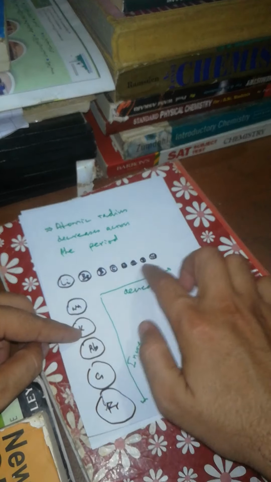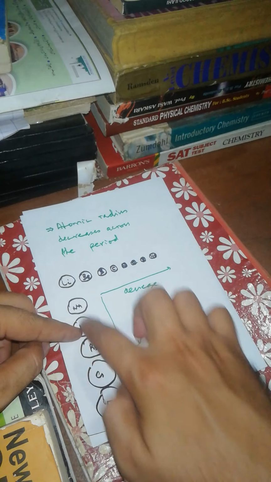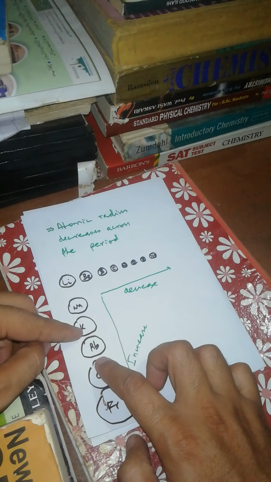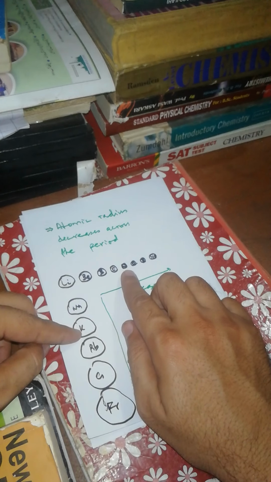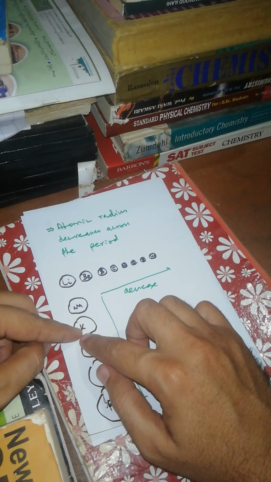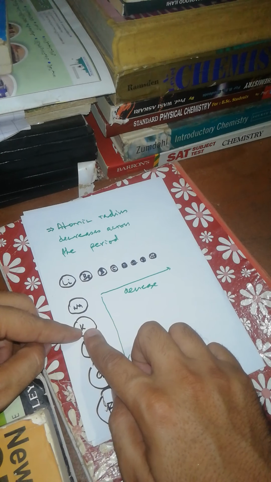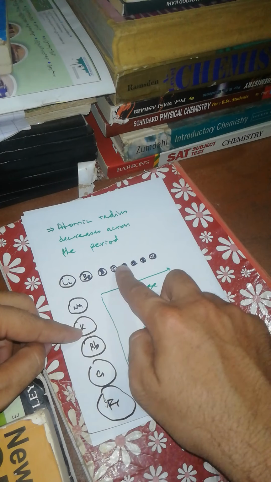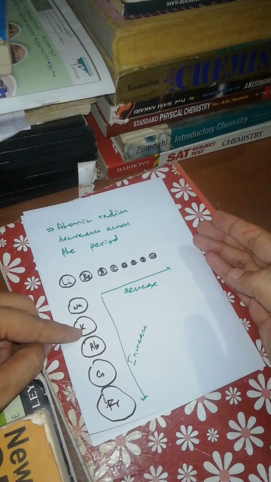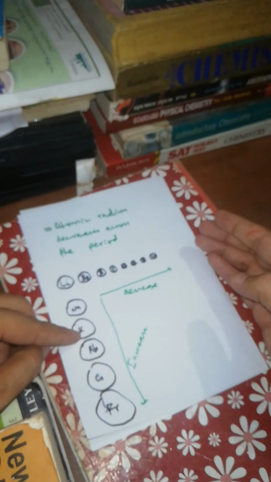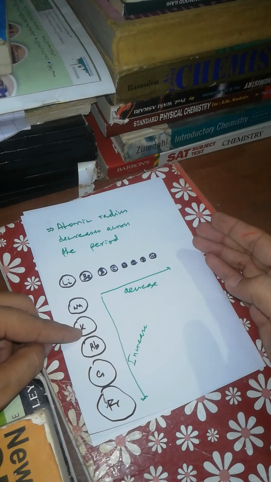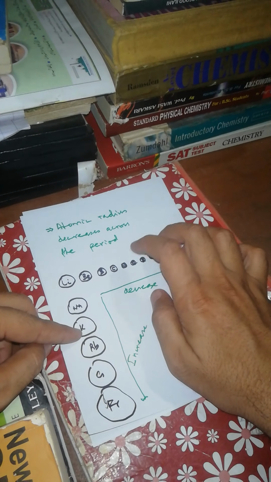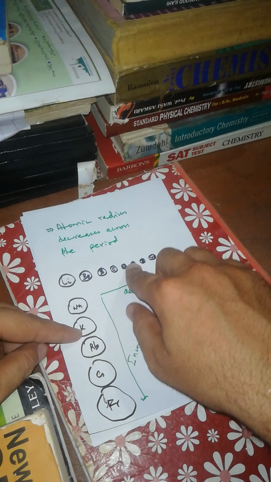So if we know about this trend, we'll be quick in telling that nitrogen will have the smallest atomic radius, because downward atomic radius is increasing, and across the period it is decreasing. So nitrogen lies at the rightmost position among these, so it must have the smallest atomic radius.